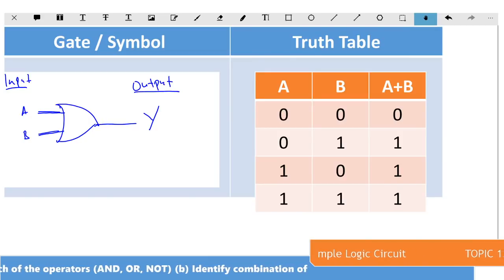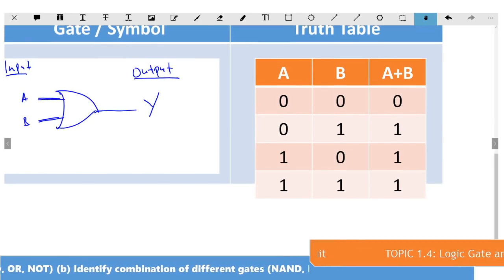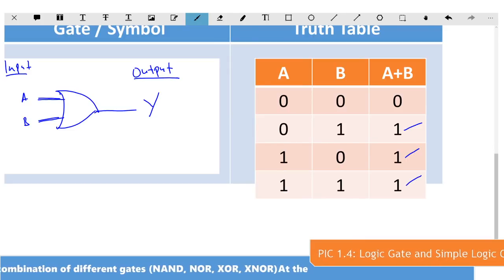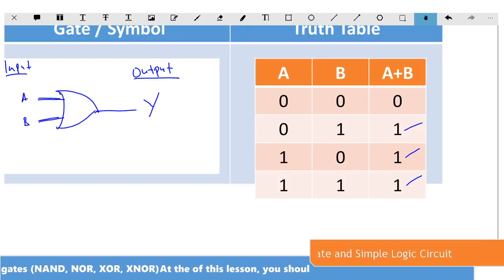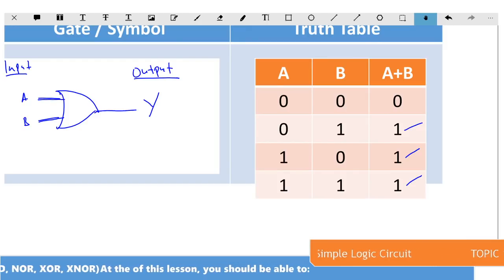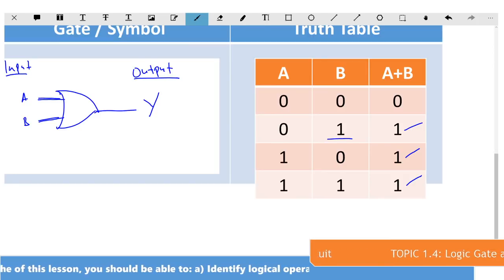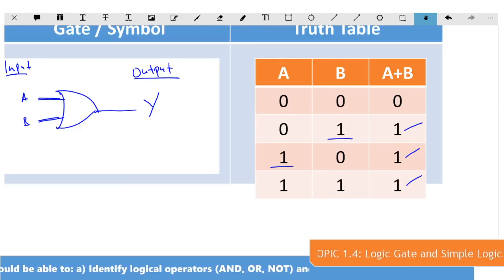The truth table shows the output is true if either A or B, or both, are true.